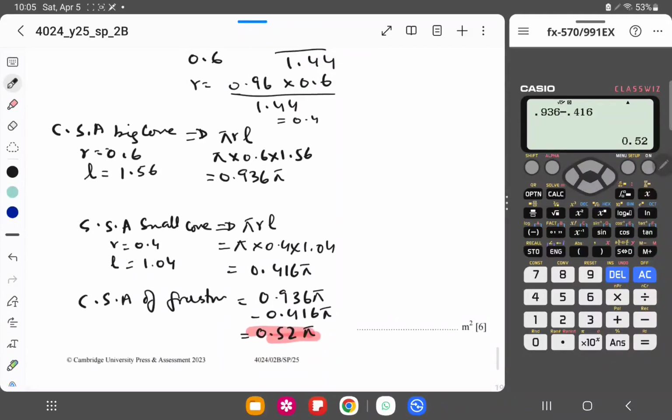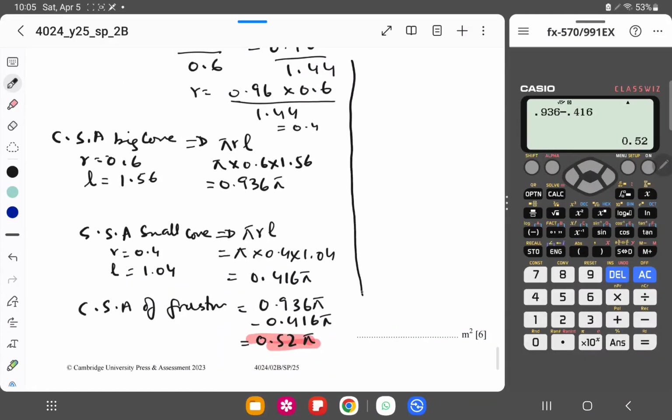Here also I will not substitute the value of pi; I just write my answer in terms of pi, so that we can get the most accurate answer in the end.